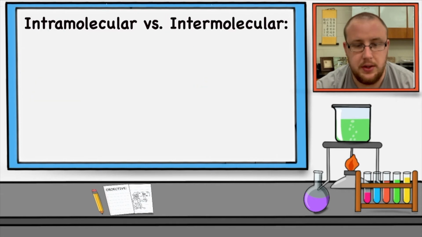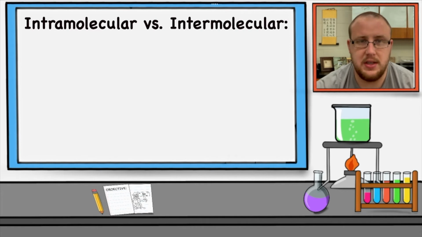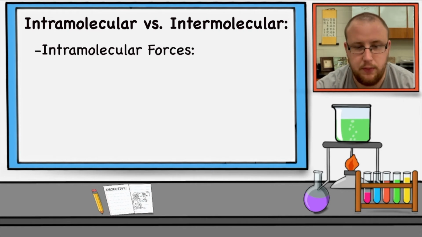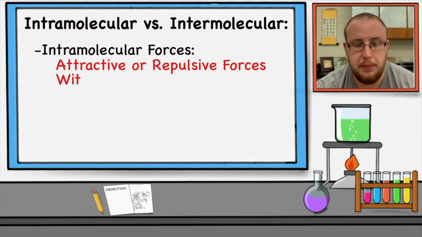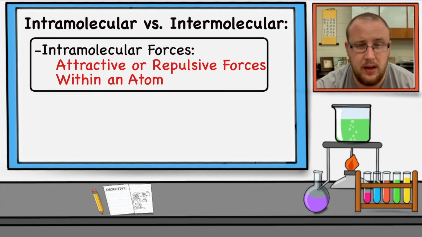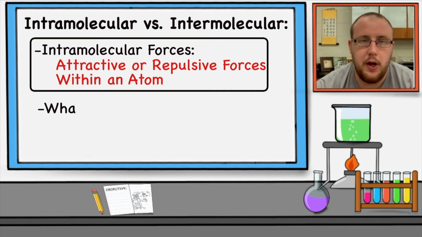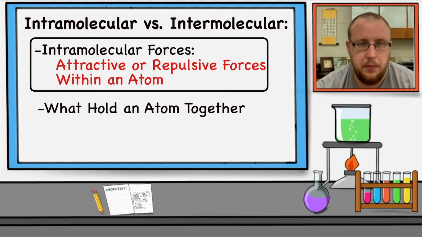So intermolecular forces are forces holding atoms to each other. Intramolecular forces are attractive or repulsive forces inside an individual atom. So intramolecular forces are what hold an atom together. The positive and negative charges between the nucleus and the electrons are what keep an atom stable and keep it together.